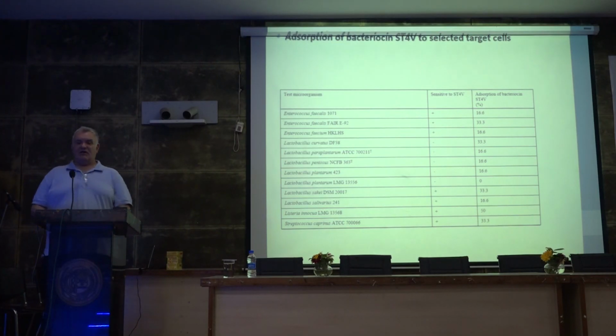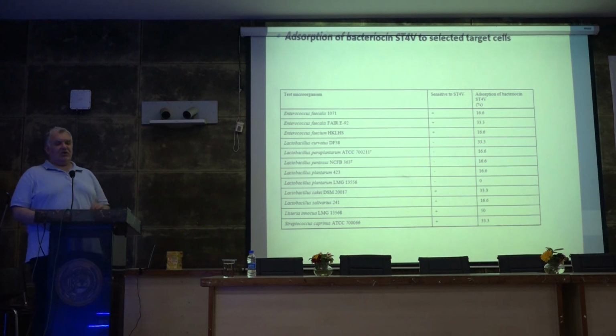You have a cell suspension of the test organism that you want to explore. You have your cell-free supernatant of your bacteriocin. You just need to know how many arbitrary units you have in your cell-free supernatant, how strong the bacteriocin is there.